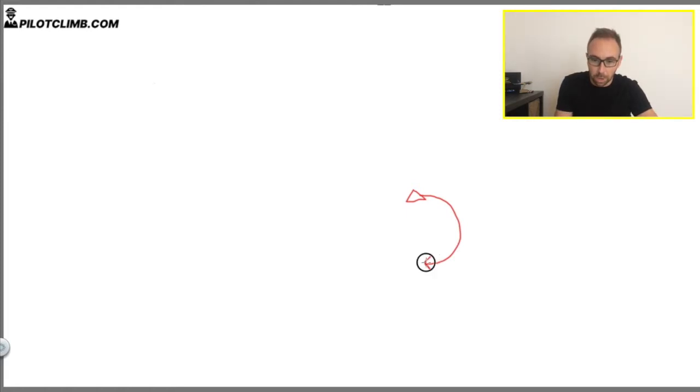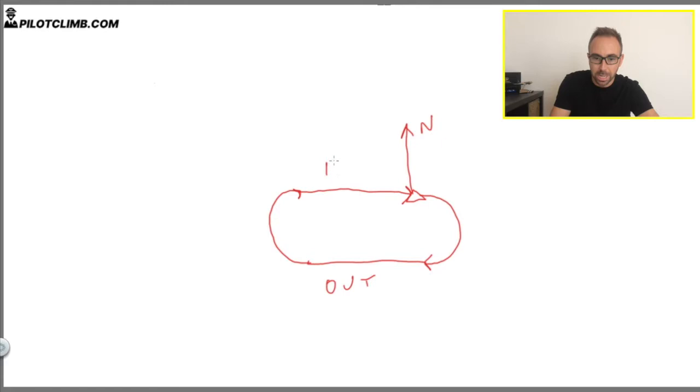This has got the outbound turn and the outbound, and then the holding pattern has got an inbound turn, like that, and then an inbound segment. So if this is north, sorry for my drawing, I know it's not perfect, but I'm doing my best, this is the outbound, this is the inbound turn, and this is the inbound.